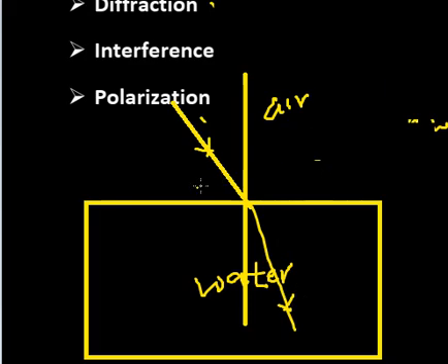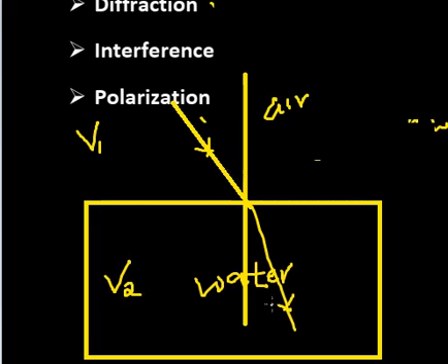Why is it that a wave moving from one medium to another refracts? Why does it bend? Because the two mediums have different densities, and that different density will give the wave different velocity. So in air, this wave has velocity v1, and of course in the water it has velocity v2.